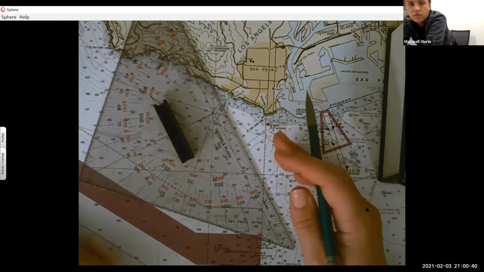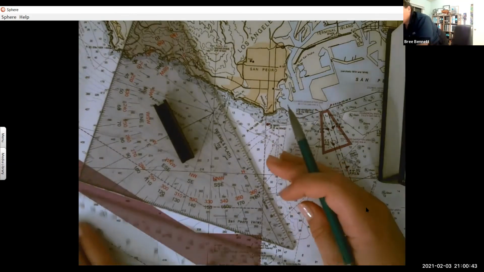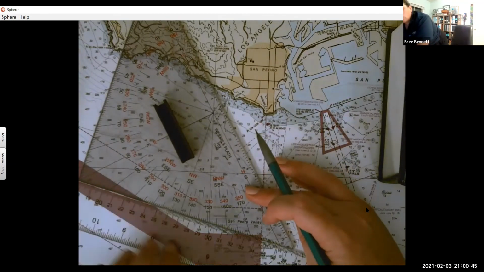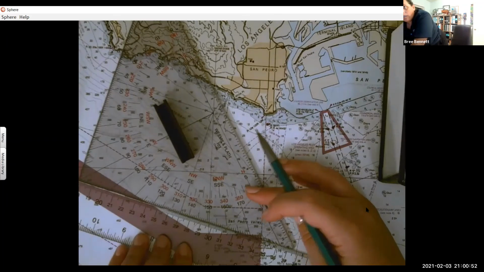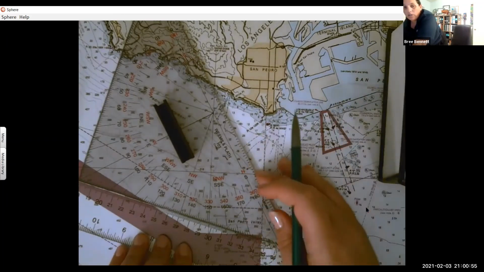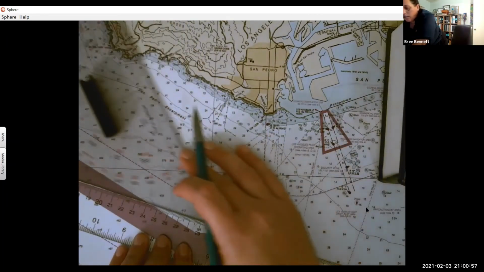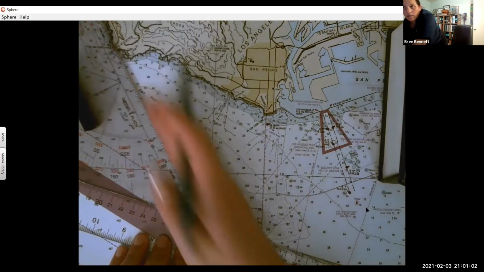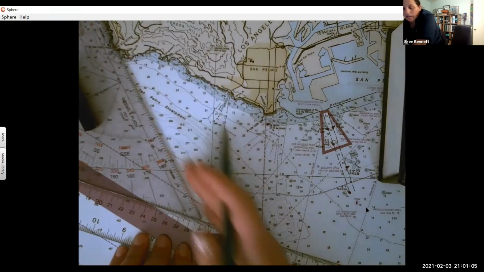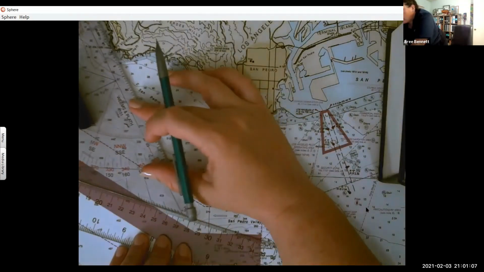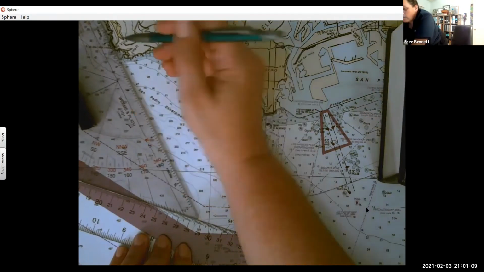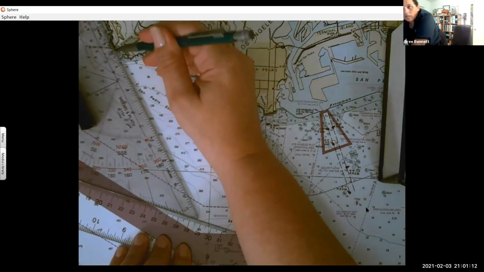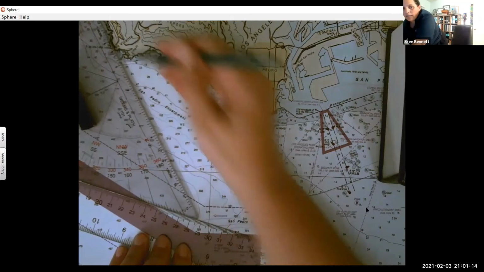No. Then I'm putting a straight edge on the short side of the triangle. And then I'm going to move my triangle to where that long side of the triangle touches Point Vicente. And then I can draw my line.